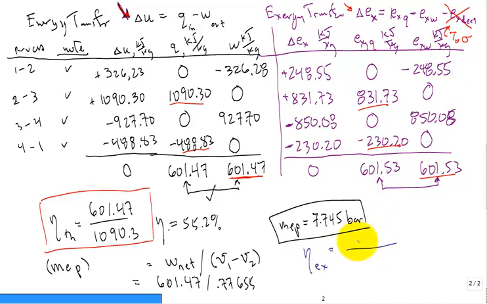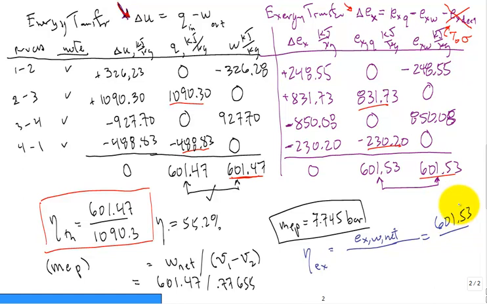I want a whole lot of the Exergy, net Exergy out. So this would be here EXW net, something like that. I know the numeric value of that, 601.53 kilojoules per kilogram.